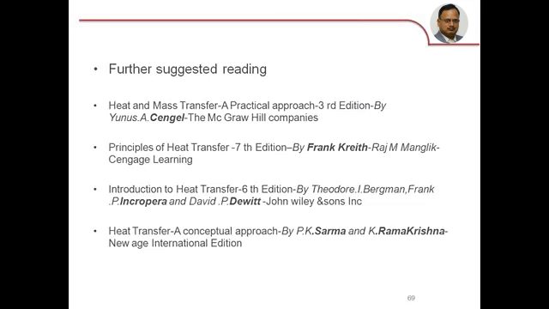So with these limitations, the heat transfer course, what we have seen till today, covers almost the syllabi of various Indian and foreign universities with respect to undergraduate coverage.